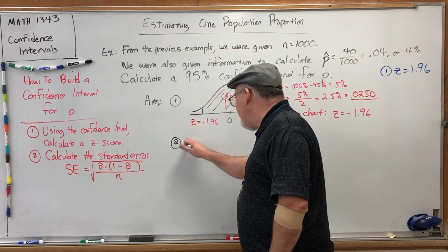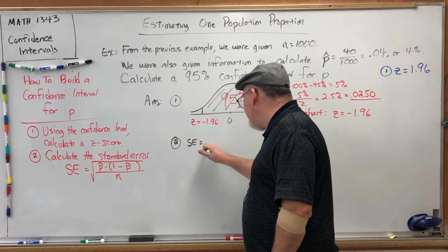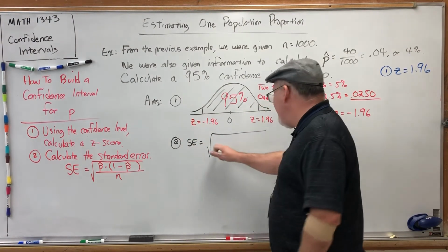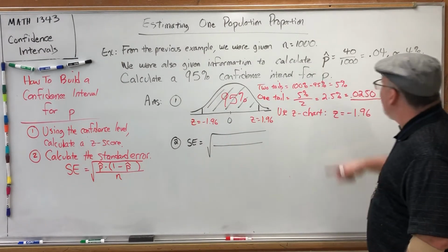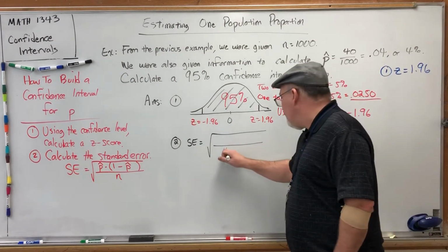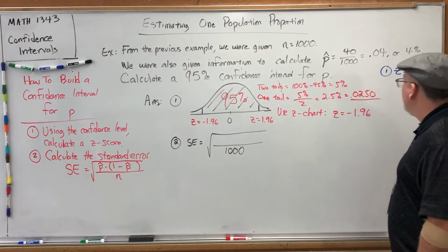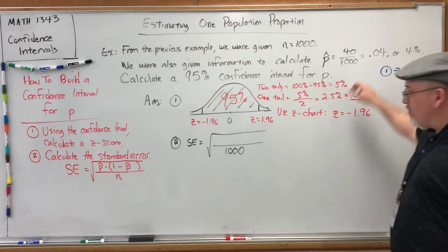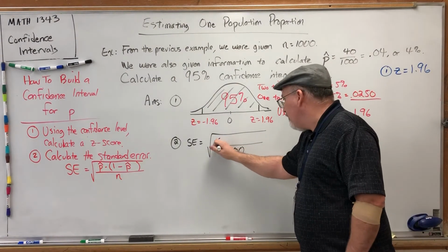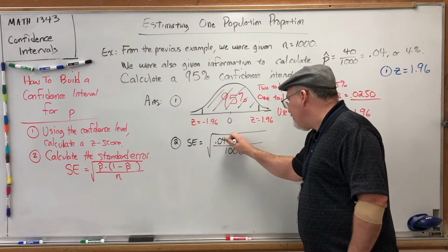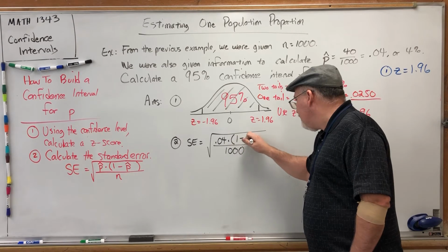All right, so our standard error is going to be the square root of a fraction whose denominator is the sample size, so 1,000, and whose numerator is a multiplication problem, the first part of which is the p hat from our sample, 0.04, times 1 minus that.